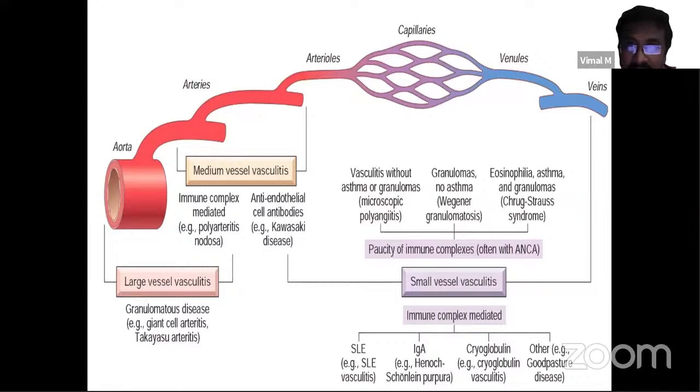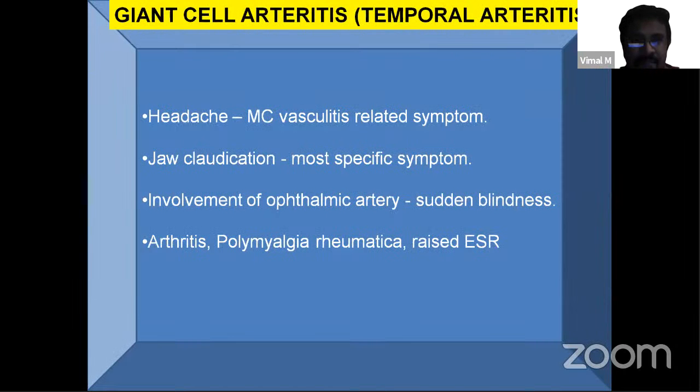The antigen and antibody form a complex, and these complexes may be deposited in the blood vessels, resulting in immunological damage. So IgA in Henoch-Schonlein purpura, cryoglobulin in cryoglobulinemic vasculitis, and Goodpasture syndrome. So this is the overview of the classification of vasculitis.